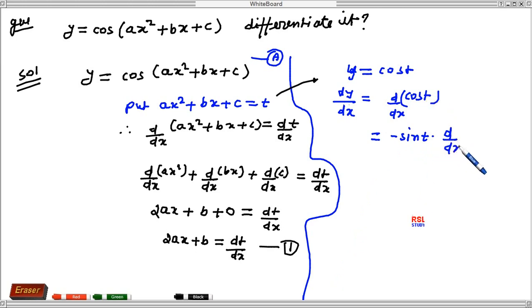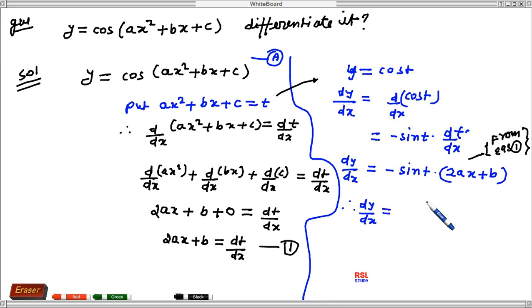Now put the value of t. We should also put the value of t here, means putting the value of t here and here simultaneously.